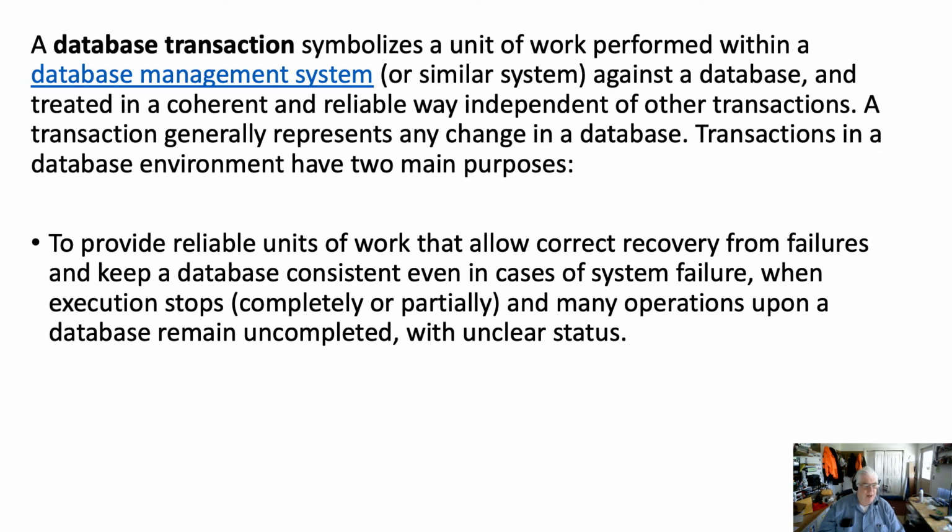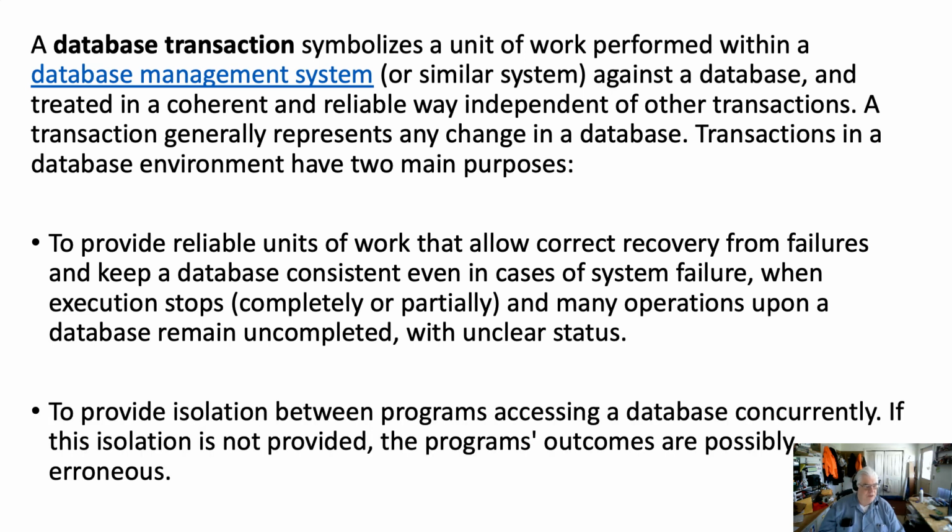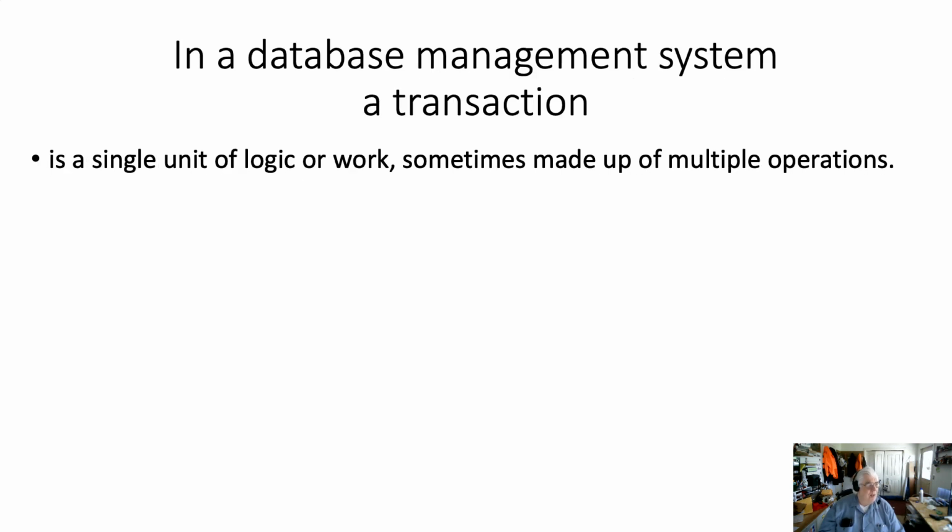So we're talking about what happens when you have a system failure. The power goes off, the network goes down, and so forth. The second purpose is to provide isolation between programs accessing the database concurrently. If this isolation is not provided, the program's outcome is possibly erroneous, as we just demonstrated.